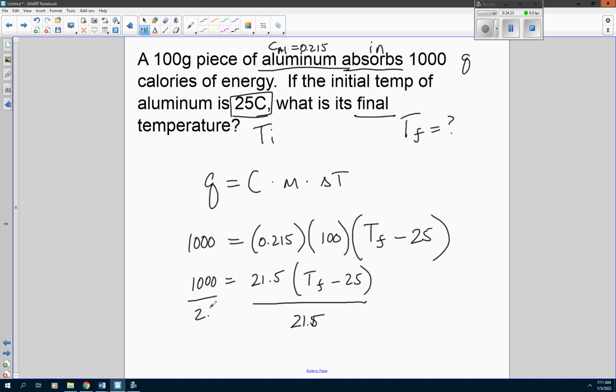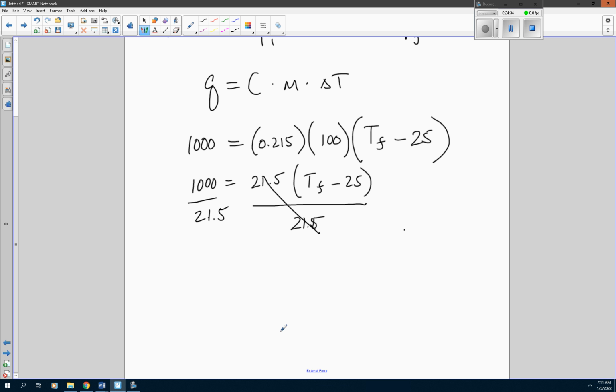So if I do this, it gets rid of the 21.5 on this side. So that's going to cancel out 21.5 here. I got 1,000 divided by 21.5. 1,000 divided by 21.5 gets me 46.5 equals TF minus 25.